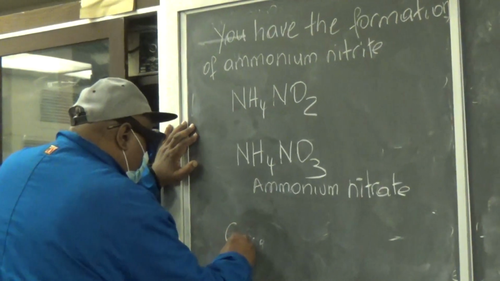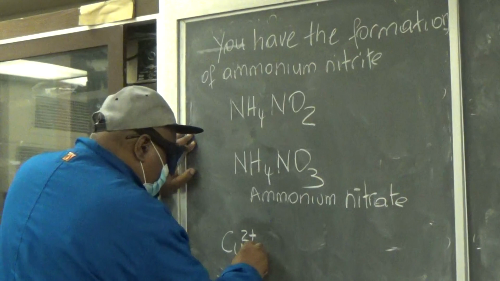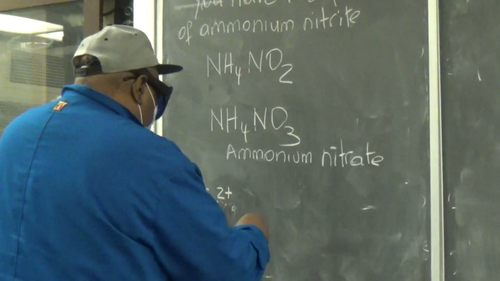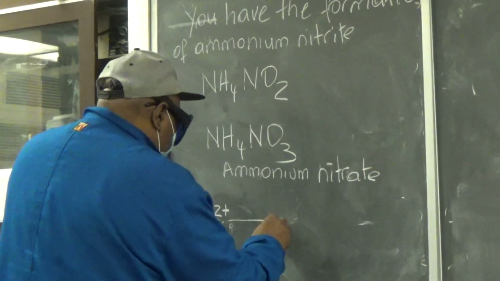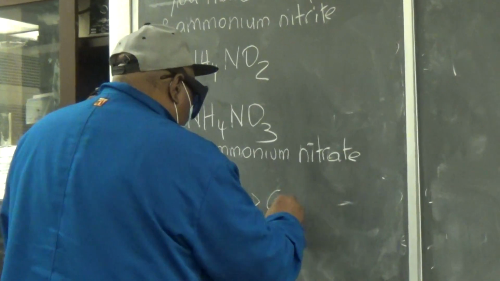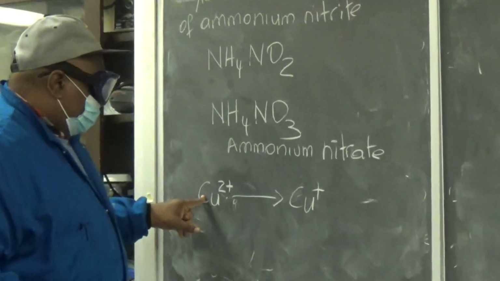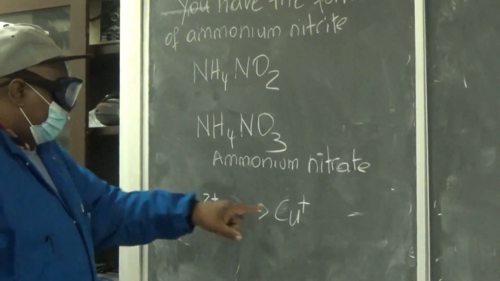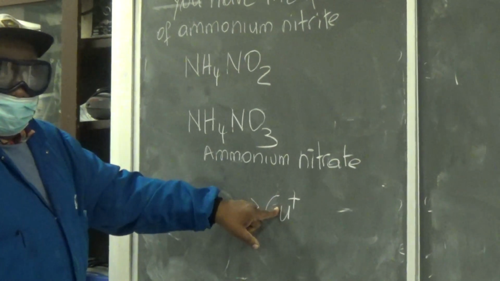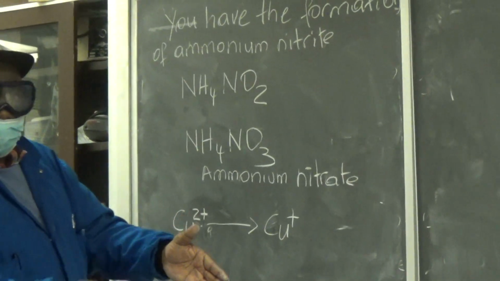We had here copper 2 plus, okay. Yeah, we had that plus that went to 2 plus to 1 plus, right? Yeah, like that. But after that, this one here has to reoxidize again.